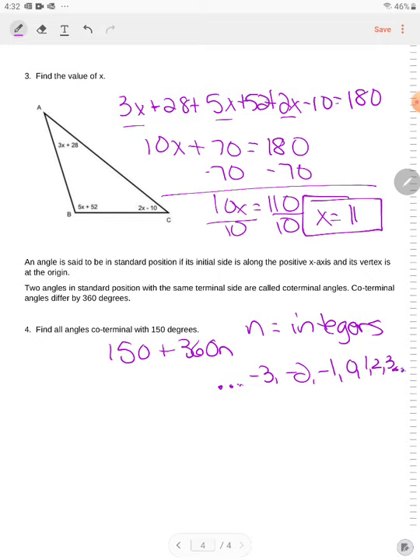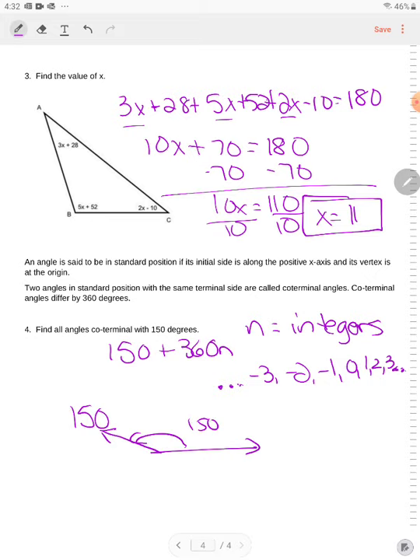If you would like to have an example between 0 and, say, 720 degrees, you'd have 150 as the angle. When you draw it, this is the initial side along the x-axis. It's greater than 90, but less than 180. That's 150 degrees.